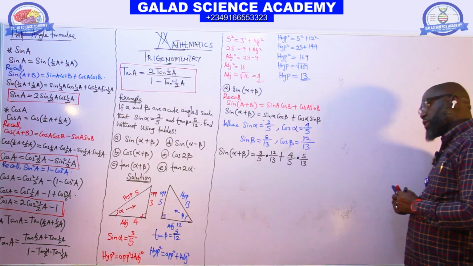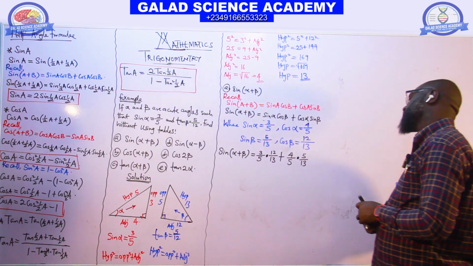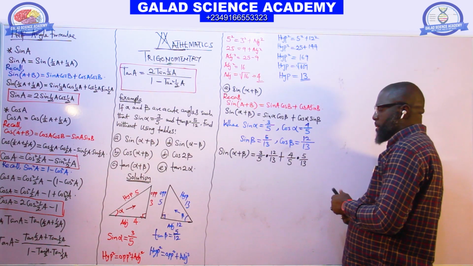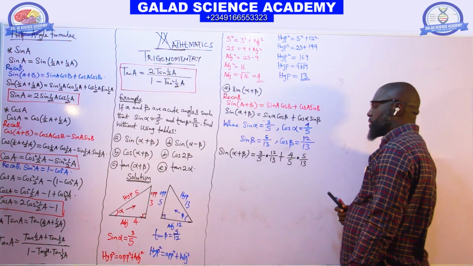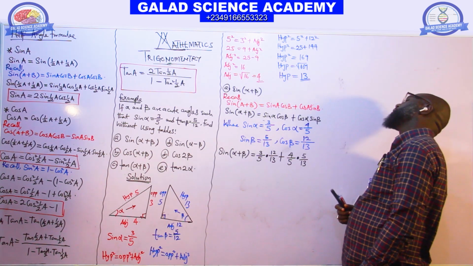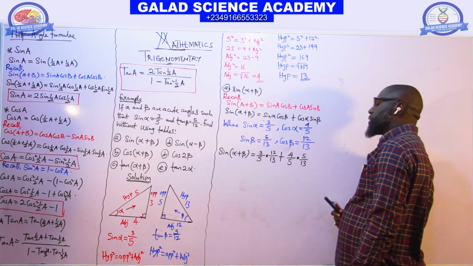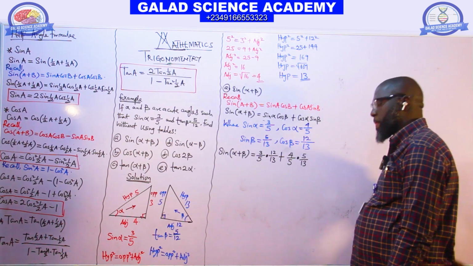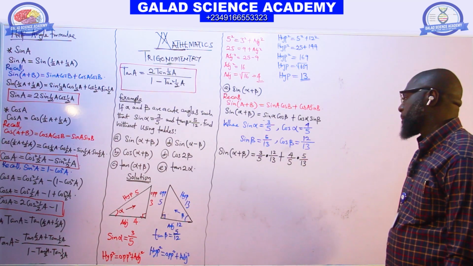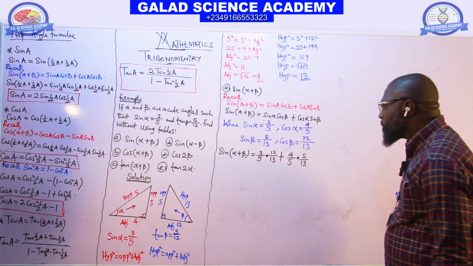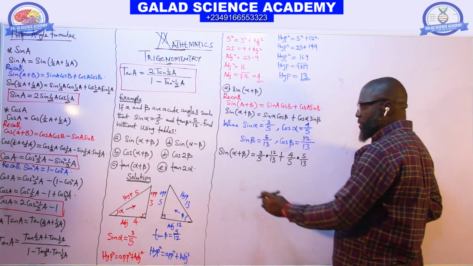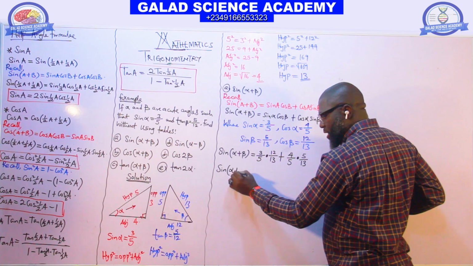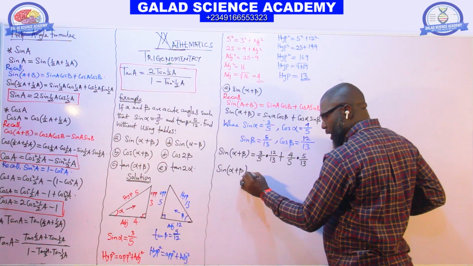So use of a calculator is needed here. So here you will now have sine alpha plus beta.